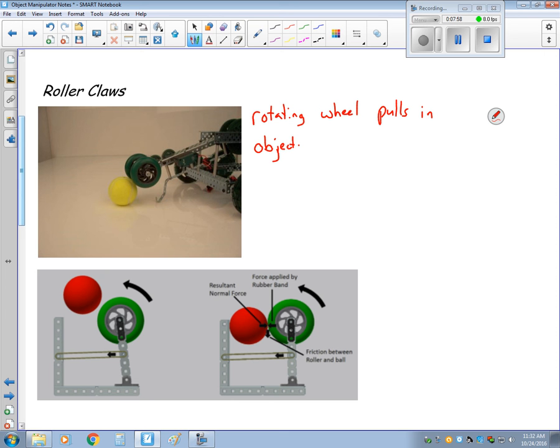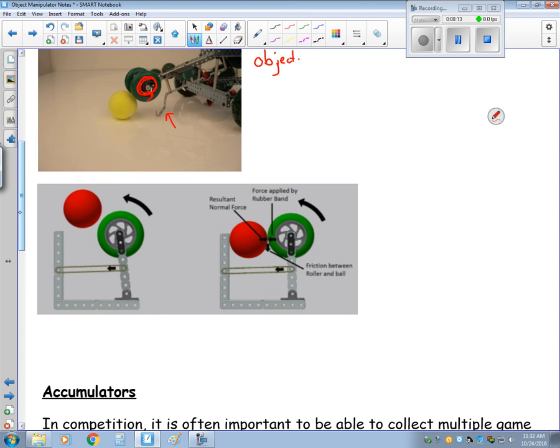You just have to get close to the object and let the wheel do the rest, or pull it in. Again, with these ones, you have to have some sort of elastic give to them. So here, the elasticity is from this bendable piece of metal. For this design, it's coming from the elastic band here. But you need to have some sort of elastic give to use these object manipulators.